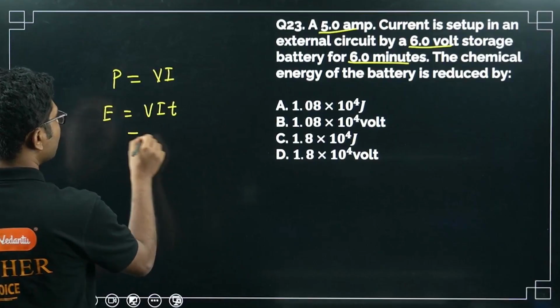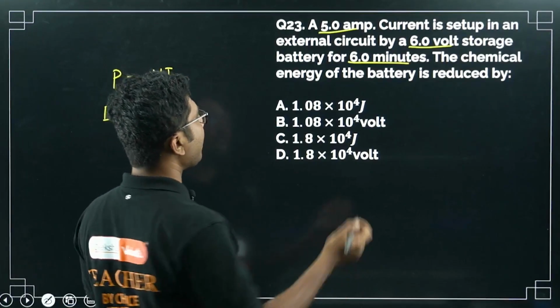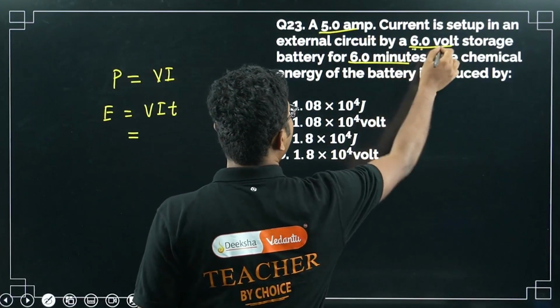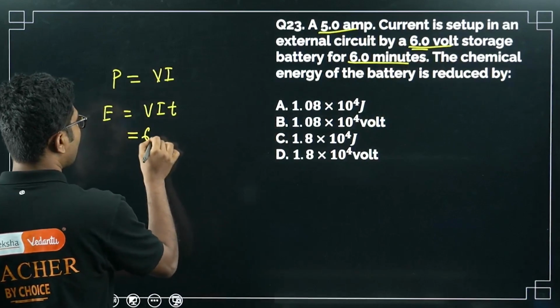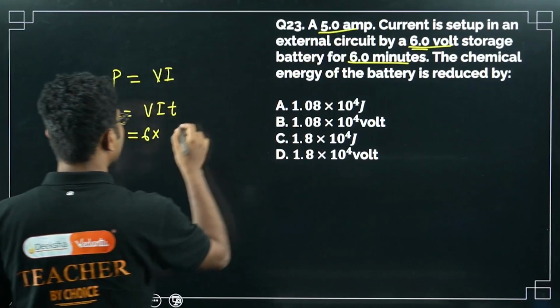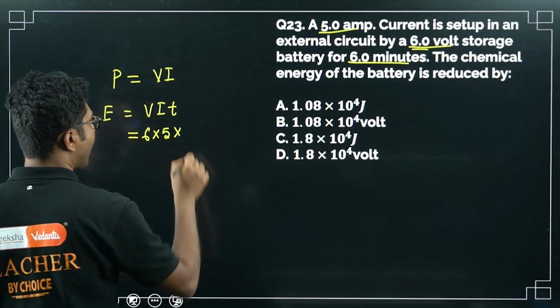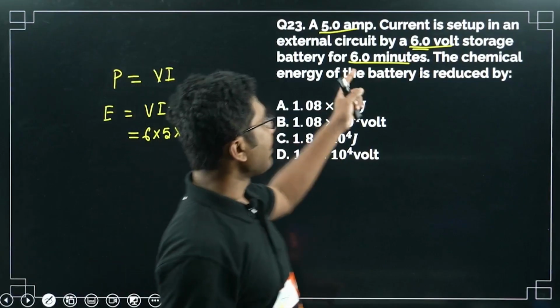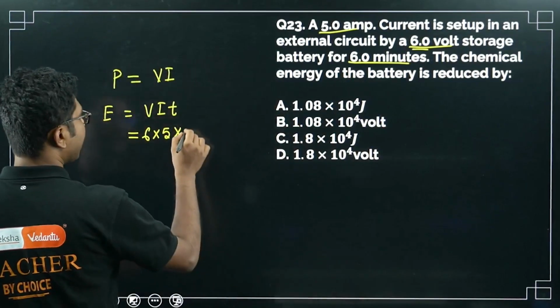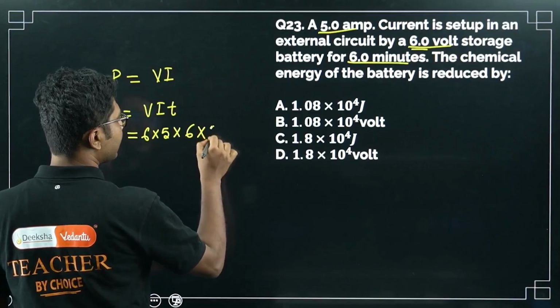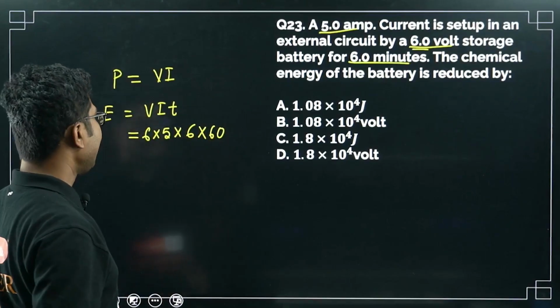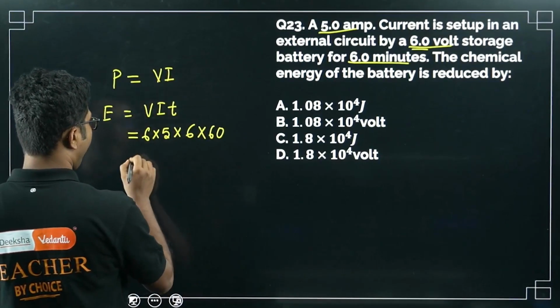Simple as that. V is 6 volts, I is 5 amperes, and time is 6 minutes. 6 minutes means 6 times 60 seconds. So this is the energy.